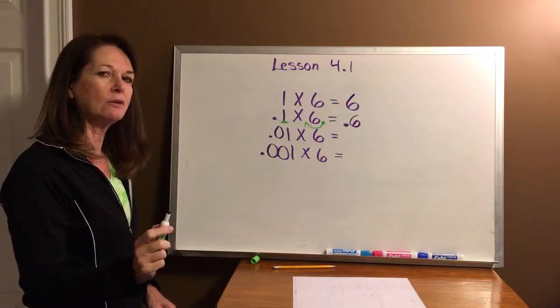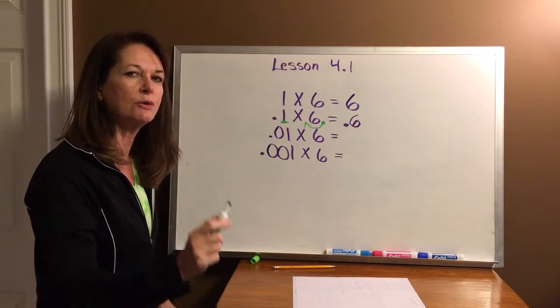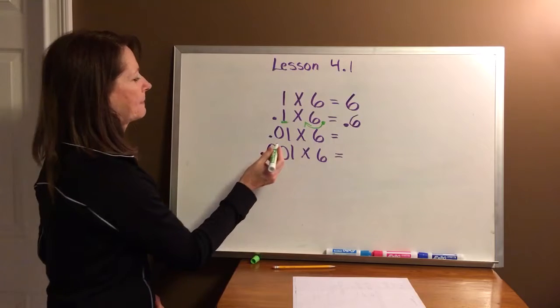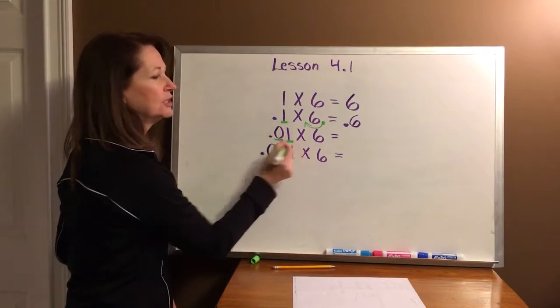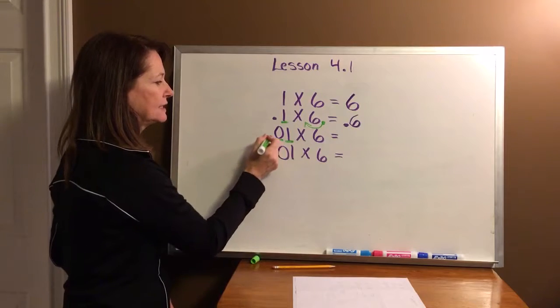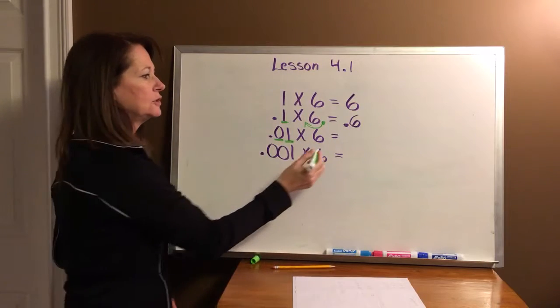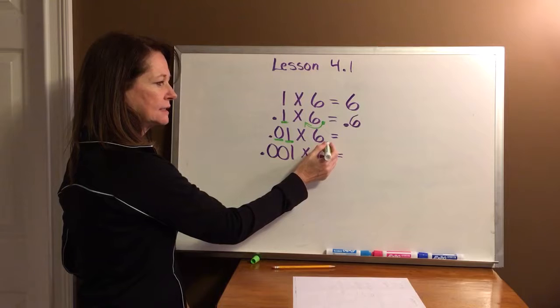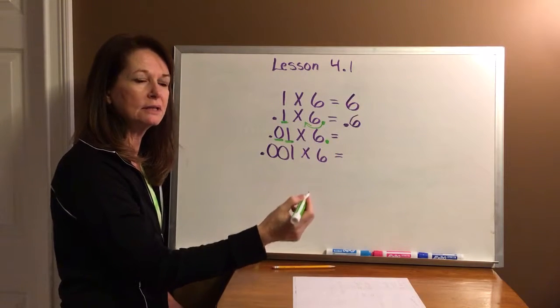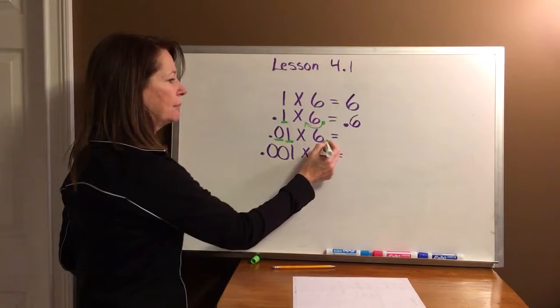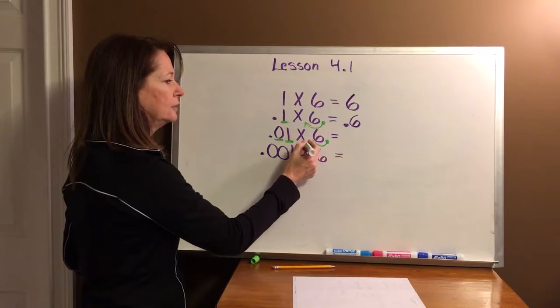All right, let's look at our next one. How many digits are to the right of the decimal point? 2 digits are to the right of this decimal point. So we're going to take our 6, and here's our decimal point. We're going to move it 2 places to the left, making a smaller number. 1, 2.